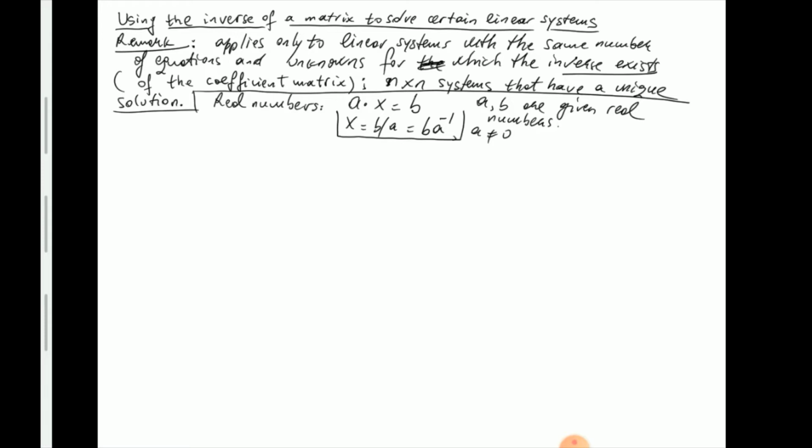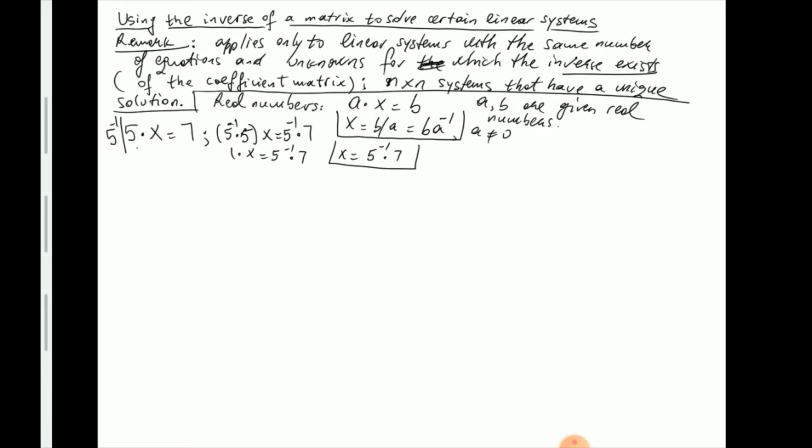And I'm going to be even pickier, because in the case of matrices, multiplication is not commutative. The idea is that if you have an equation involving real numbers and the coefficient of the unknown has an inverse, you multiply by its inverse on both sides, and that will make 1 on the left side, and then your solution is 5 inverse times 7, which is the same as 7 times 5 inverse.